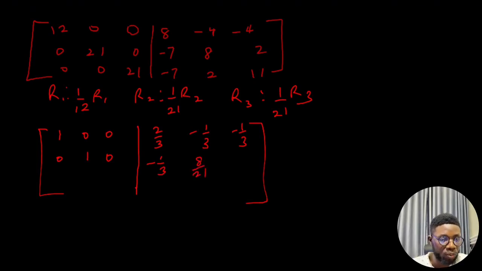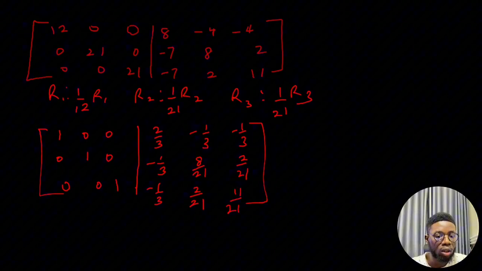And we have 2 divided by 21, so that will also be 2 divided by 21. And for the third row, we have 0, 0, 1. We're still multiplying through by 1 over 21. So negative 7 divided by 21, that will still be negative 1 over 3. And we have 2 divided by 21. Finally, here we have 11 divided by 21.